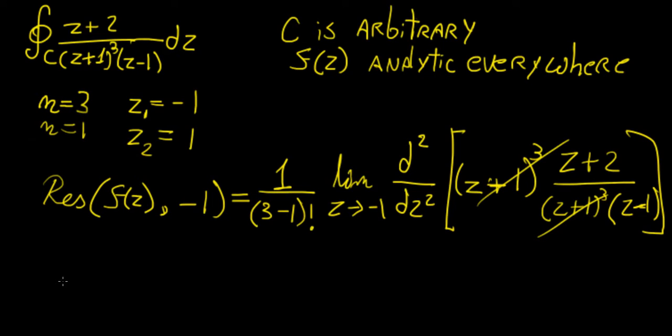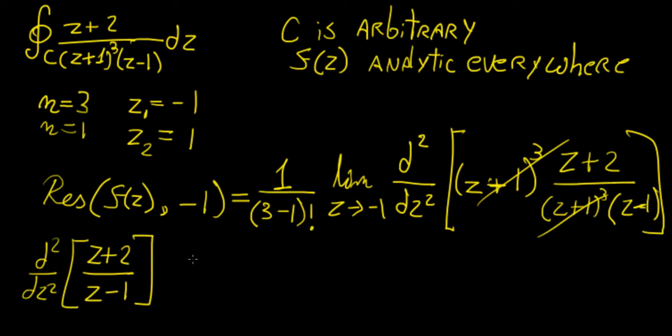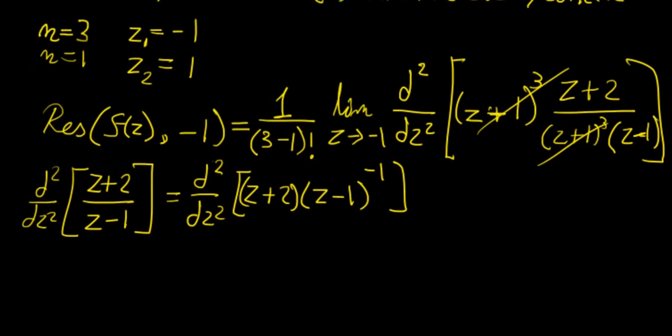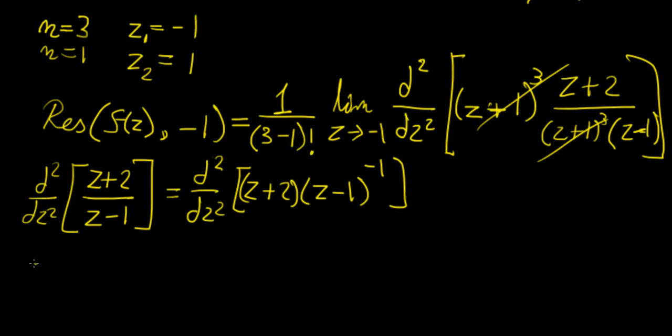So the second derivative with respect to z of this, we can either use the quotient rule or we can use the product rule if we rearrange this as follows. So let's have z plus 2 times z minus 1 to the power of minus 1. So now we can use the product rule to evaluate this. So this is going to be equal to what?